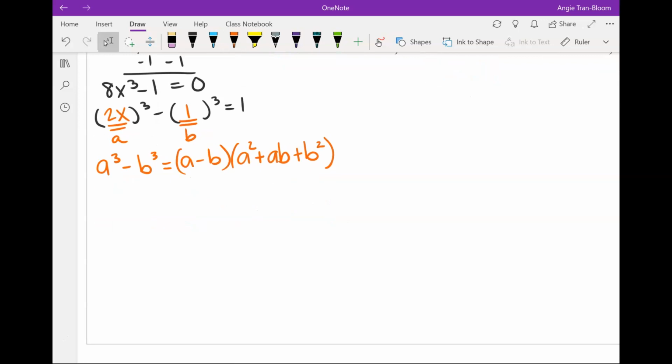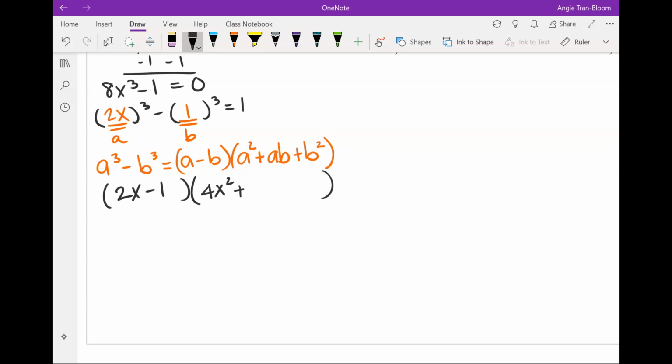What are the A and B values, Andrew, for this question? Perfect. We just have to plug it in. So 2x minus 1 times, what would A square, Juliet, give us? Good job. 4x squared. Guys, because we have to square the entire A value.